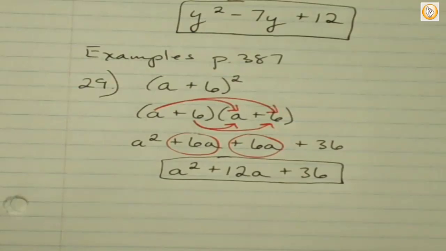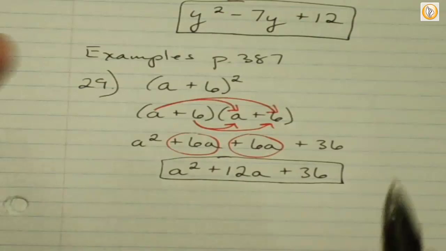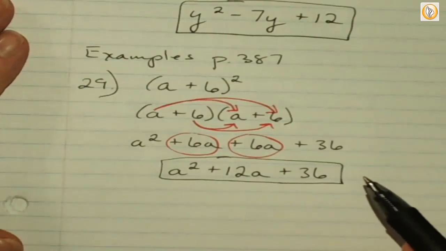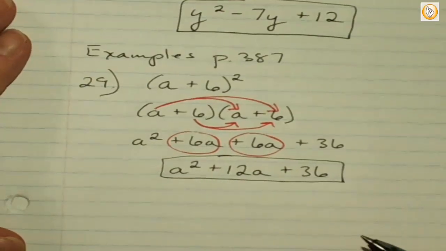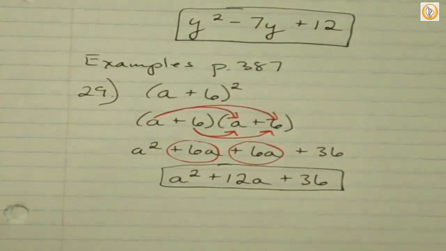For example, what y'all were doing, yes, it would be slightly different. But there's going to be clarification as to what you do. It would be a squared plus 36, without the 12a. So that would be different. Okay. Good question.